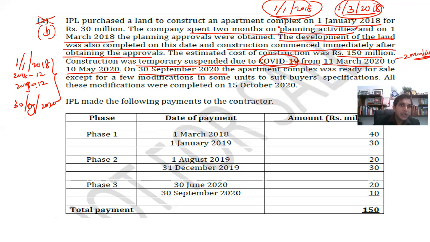In 2020, if we disregard these 2 months, here you have 9 months up to 30th September. So altogether how many months? Let me take my calculator. 24, and 33. Yes, 33.